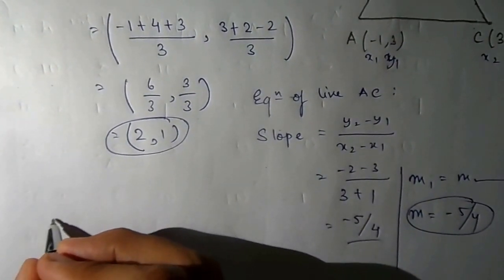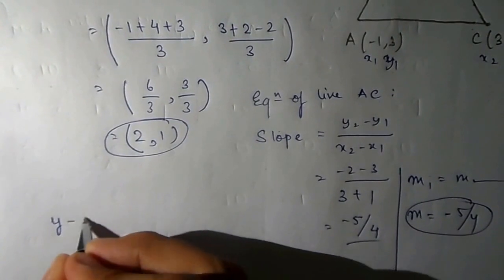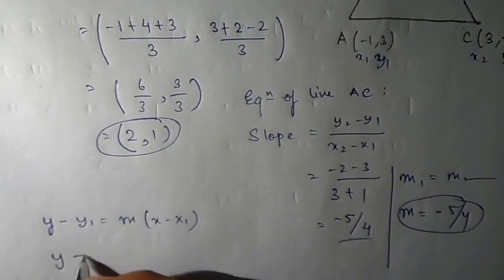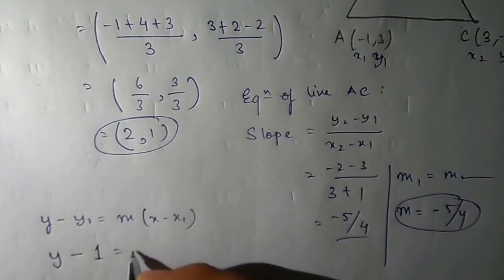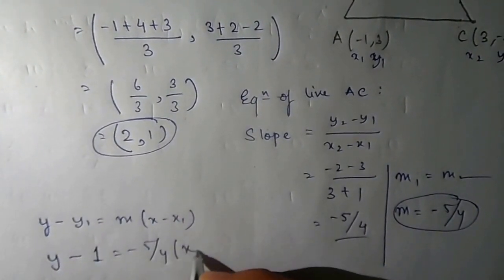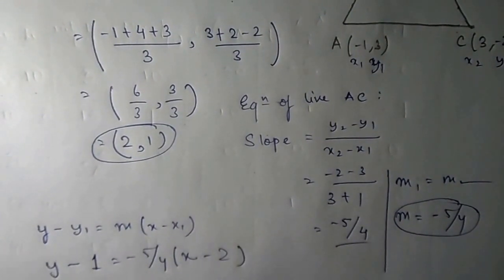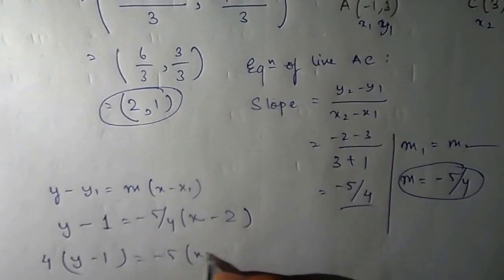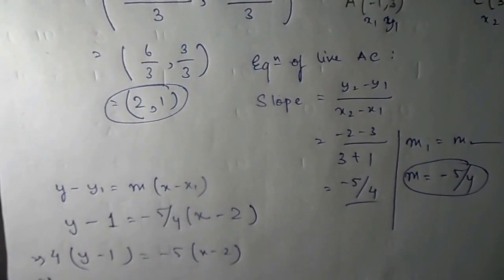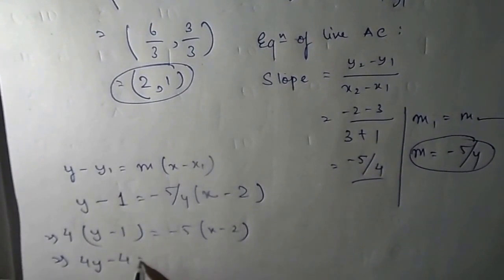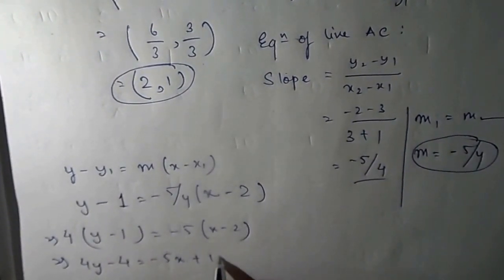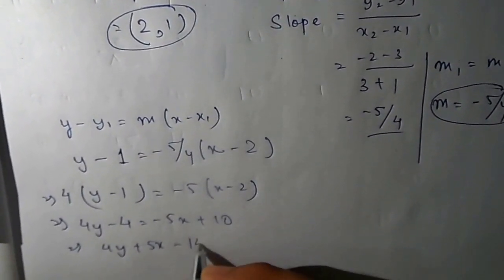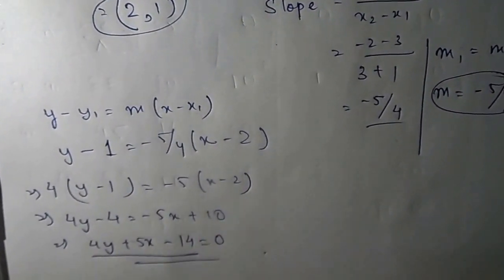The equation will be y - y1 = m(x - x1). y1 is 1, m is -5/4, x1 is 2. So (y - 1) times 4 equals -5(x - 2), which implies 4y - 4 = -5x + 10. So 4y + 5x - 14 = 0. This is your second answer.